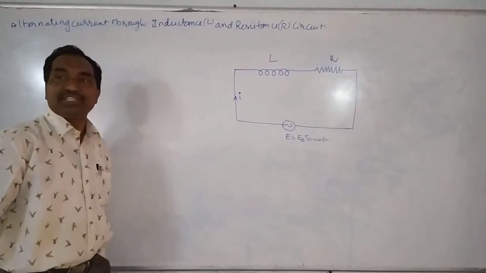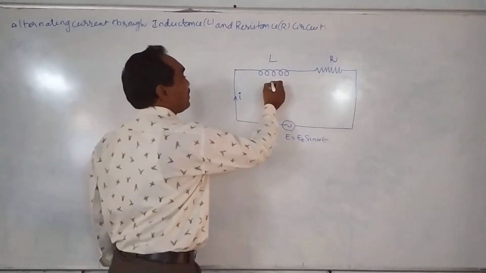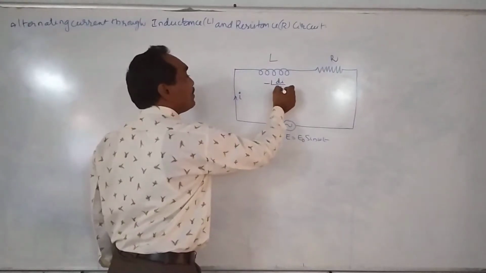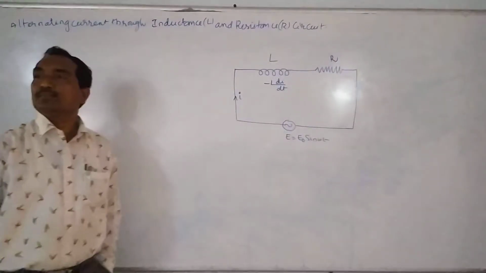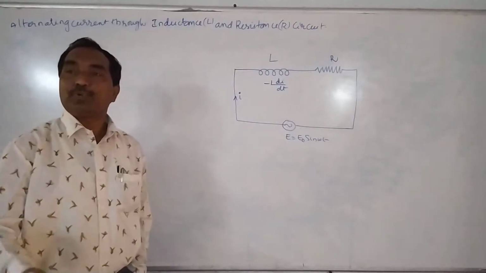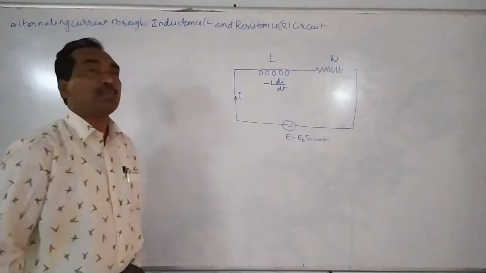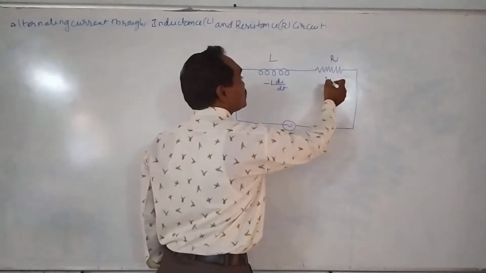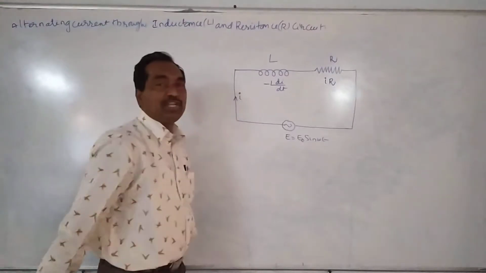How much EMF is induced? Minus L into di by dt. There is also a potential difference across the resistance, according to Ohm's law, V equal to IR.